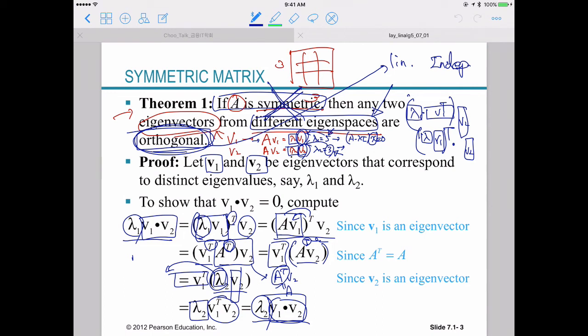Although it's a little bit messy, the main point of this theorem is that if the eigenvalues are different, their corresponding eigenvectors are always perpendicular to each other for a symmetric matrix.